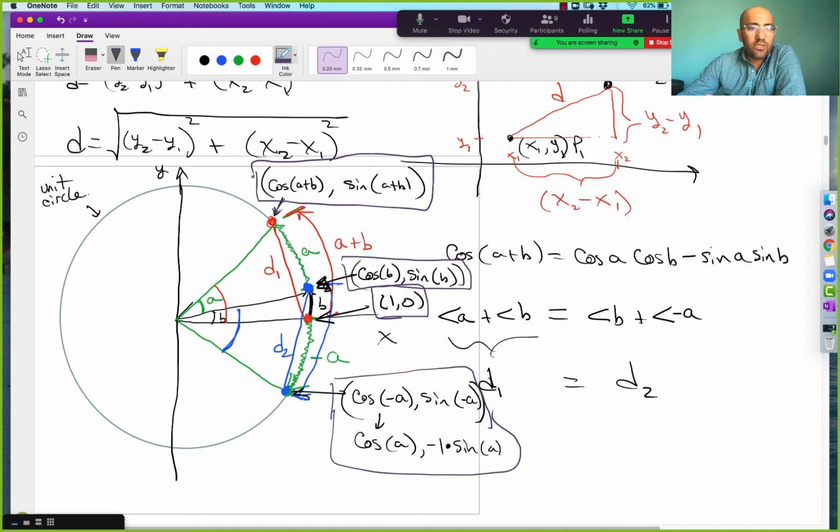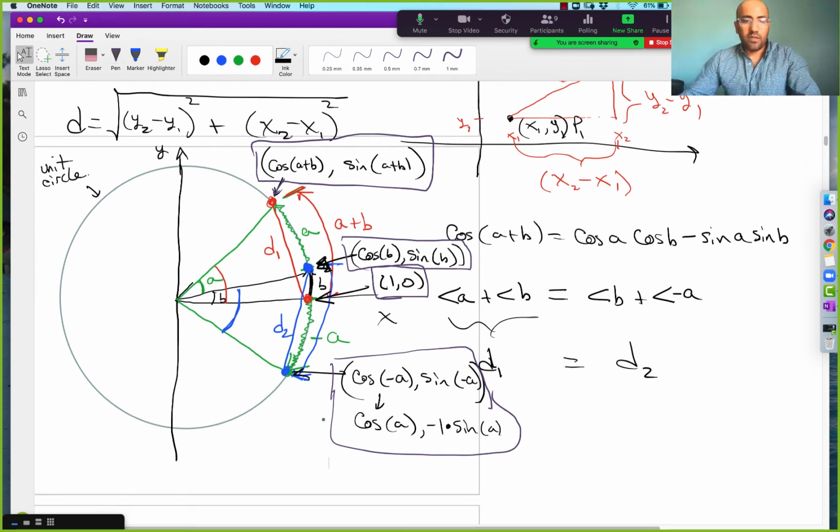We can switch this around and do the x's first, square them, or the y's first, square them. It doesn't matter which one is which. You can put y sub 1 minus y sub 2. It doesn't matter because you're going to square it, so either way you get the same result. Good?